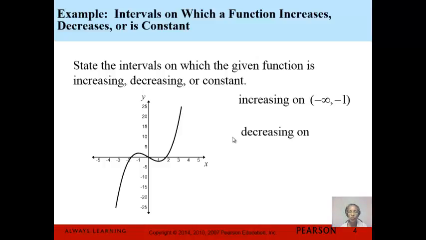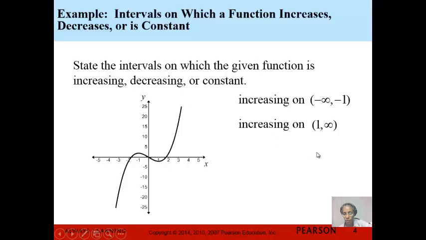Okay, so those are the two intervals where the function is increasing. On these two intervals, from negative infinity to -1, and from x equal 1 to infinity, the function is increasing.